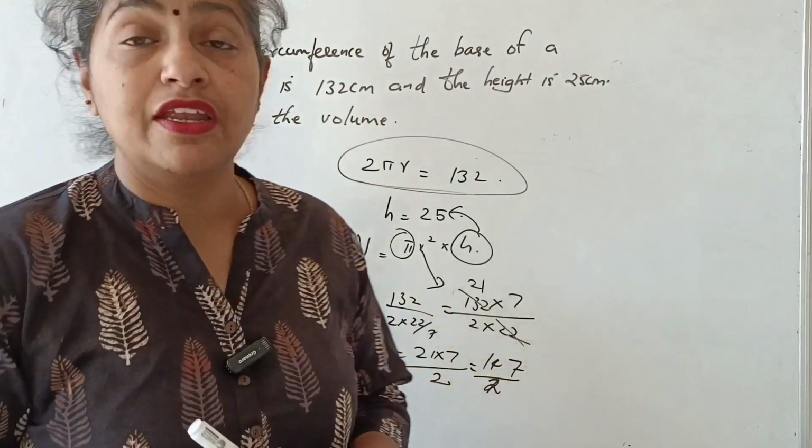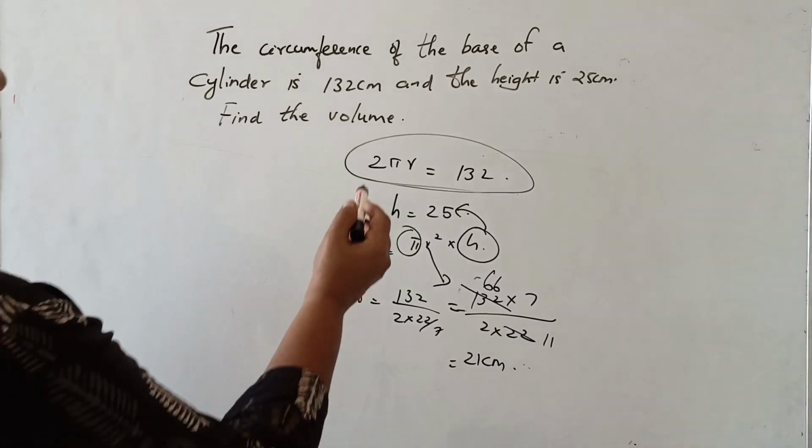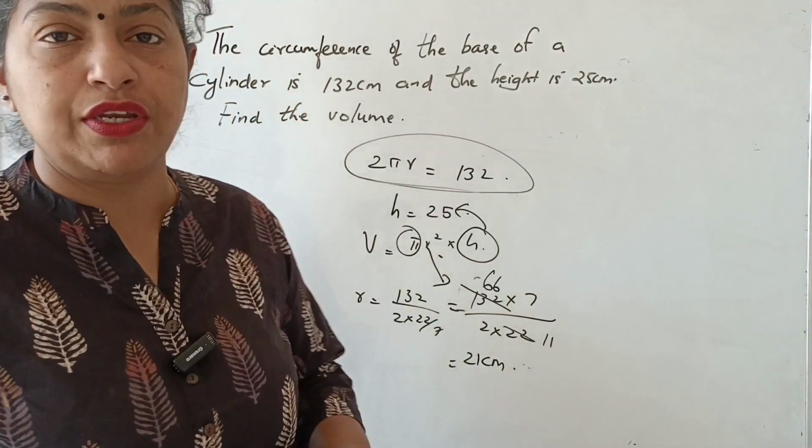You will get the value of radius as 21 centimeters. Now you have got all the values required for finding out the volume, so substitute in the formula and find out the volume.